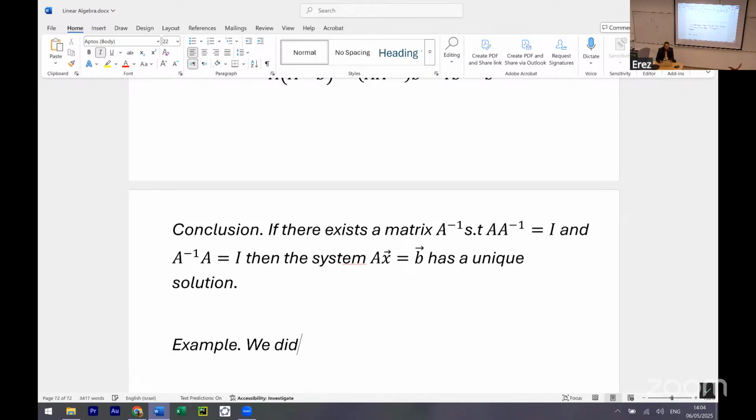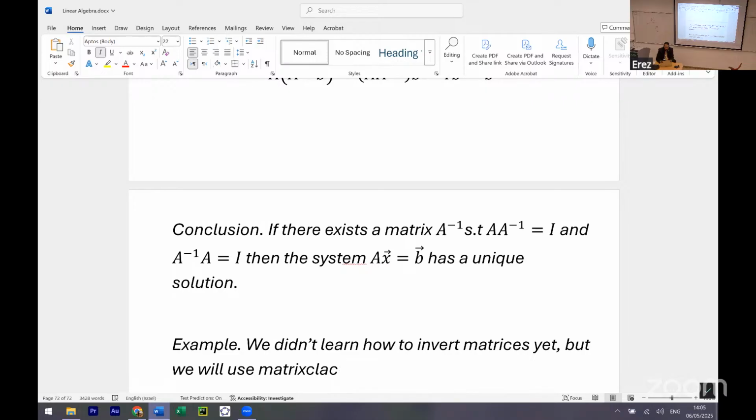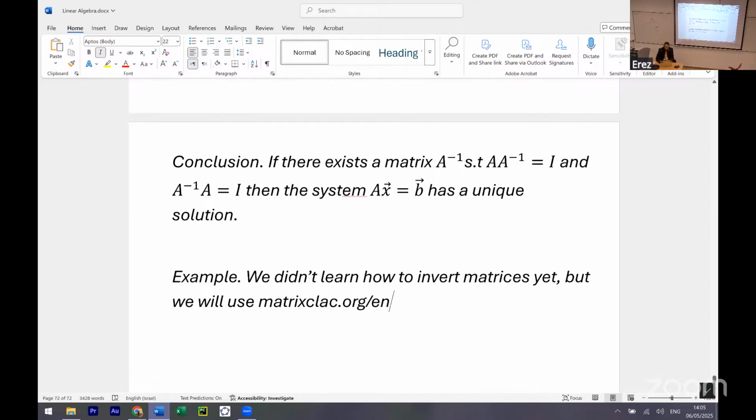And I wish to give you an example. We didn't learn how to invert matrices yet, but we will use matrixcalc.org here. Not matrix clock, matrix calc.